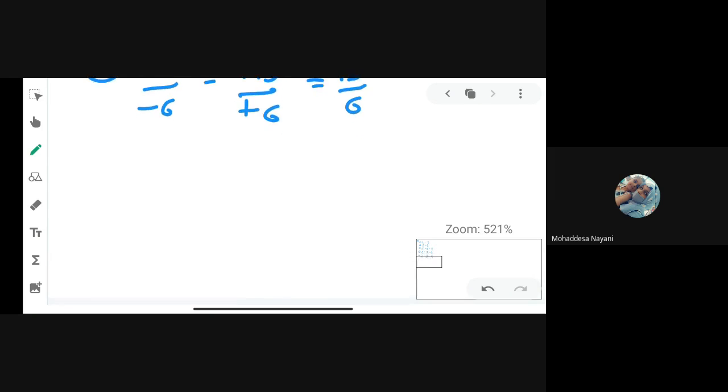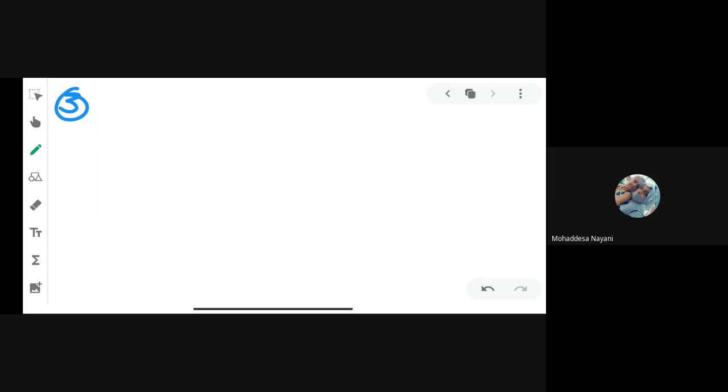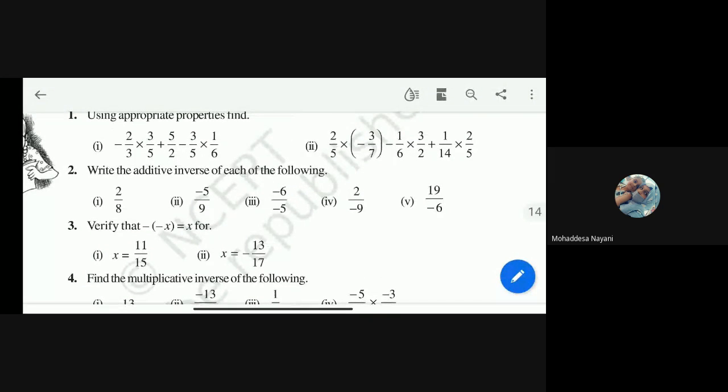Okay. Now you can see question number 3. Verify that minus in bracket minus x bracket close is equal to x, for x is equal to 11 by 15 and x is equal to minus 13 by 17. We have to verify this.